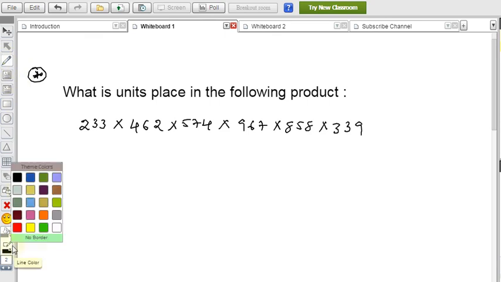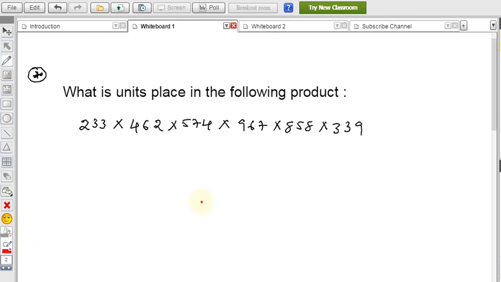So it is not at all easy to multiply each and every number, it becomes so big. For that we just need to multiply the units places. Now the units places are 3, 2, 4, 7, 8 and 9. Even without that much process, we will multiply all the units places first.